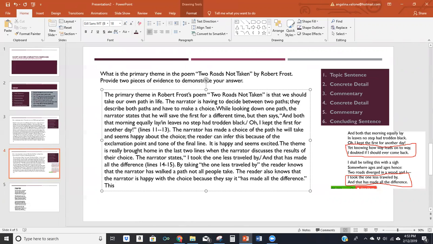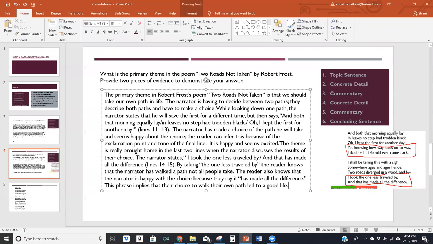This phrase implies that their choice to walk their own path led to a good life.